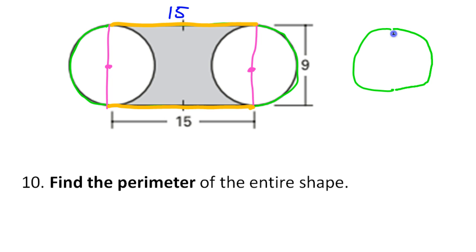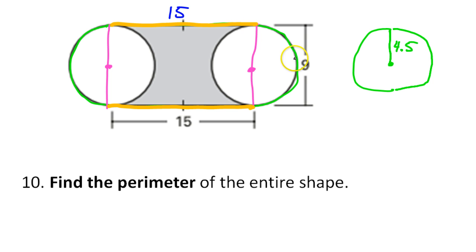So if I found the circumference of this circle, that would be the remaining green part that I needed. So that's the most efficient thing to do. Now, what is the circumference of the circle here? Well, the diameter here is 9. See it? So the radius is going to be half of that, so that's 4.5.